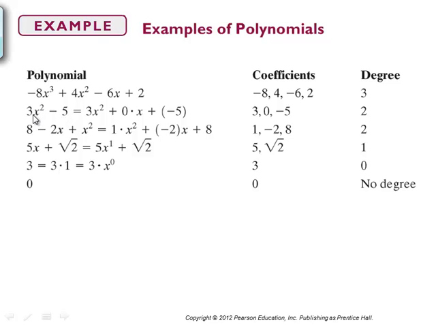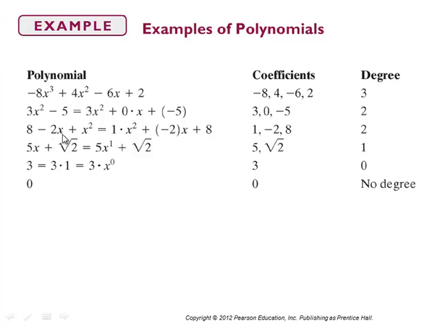For example, 3x squared minus 5 is a second degree polynomial. Notice that there's no x term, but you could fill in the x term by writing 0x. So you have coefficients of 3 and 0 and negative 5. It would be incorrect not to list 0 as a coefficient. If you have to correctly list all the coefficients, the 0 for the x term would be included in that list of coefficients.